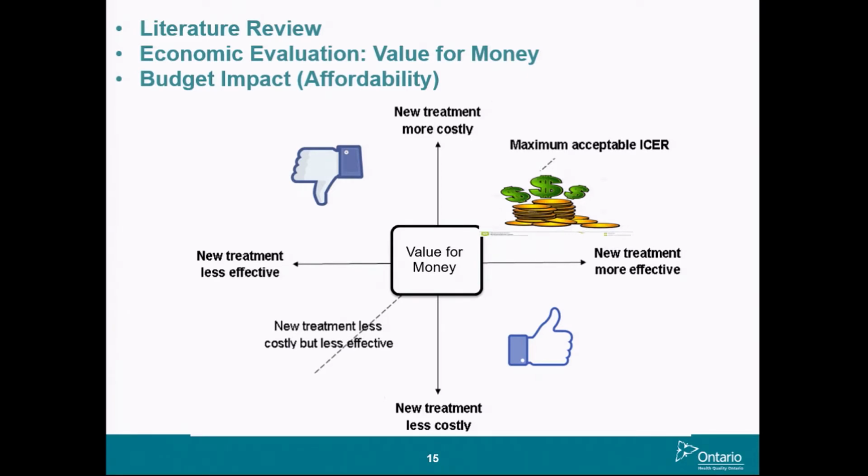At that point, OTAC deliberates on a maximum acceptable ICER, being the incremental cost effectiveness ratio. In this scenario, it's really difficult to come up with a recommendation. And there's a lot of deliberation going on at this stage when the new treatment is both less effective as well as less costly.